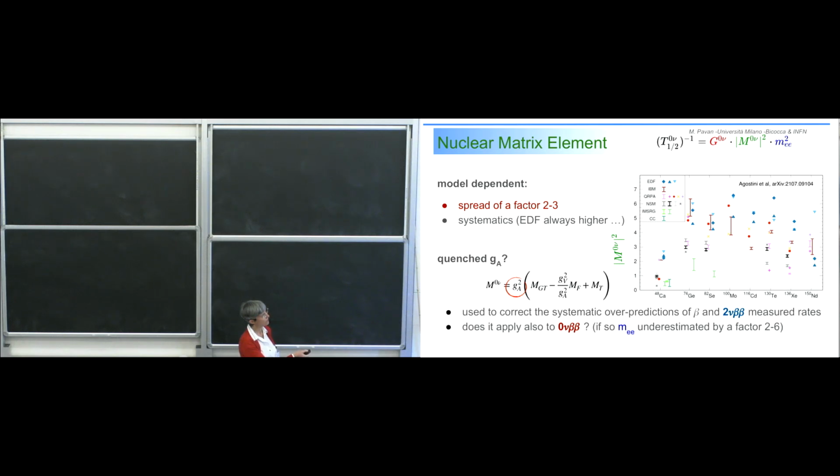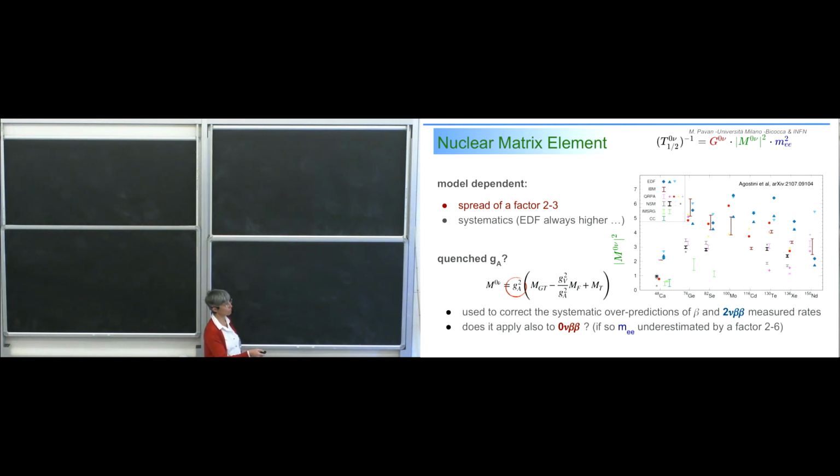The third ingredient in the half-life is the matrix element. You will have lectures from Luigi Coraggio on this topic, and this is the nightmare of the experimentalist, because here you have to rely on nuclear models, and nuclear models have different flavors.